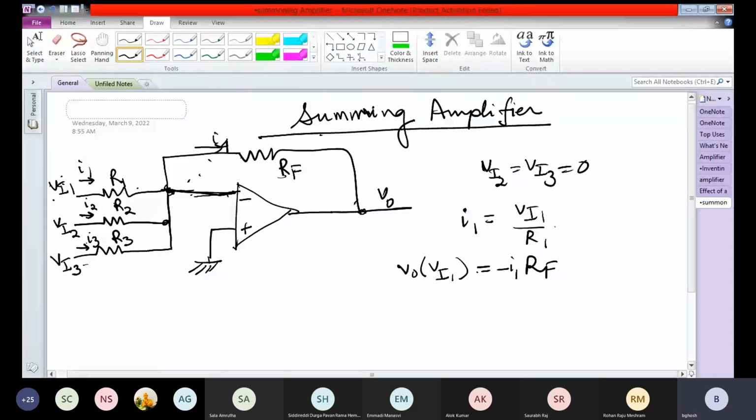And I1 is given by Vi1 by R1, so that is equal to minus RF by R1 times Vi1. Similarly with the sources Vi2 and Vi3 being 0.